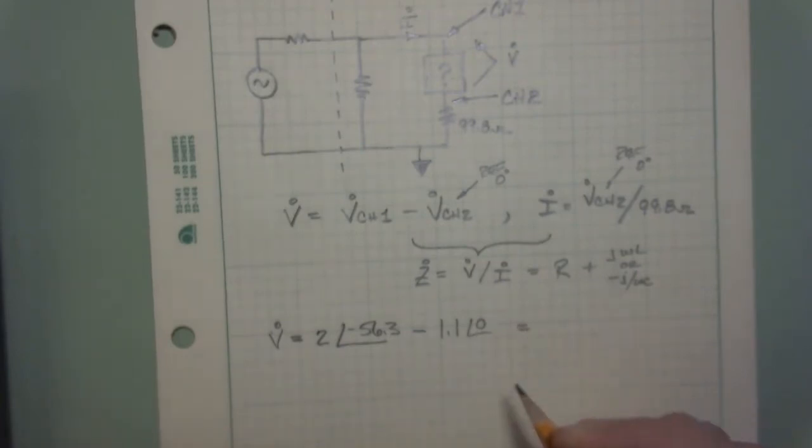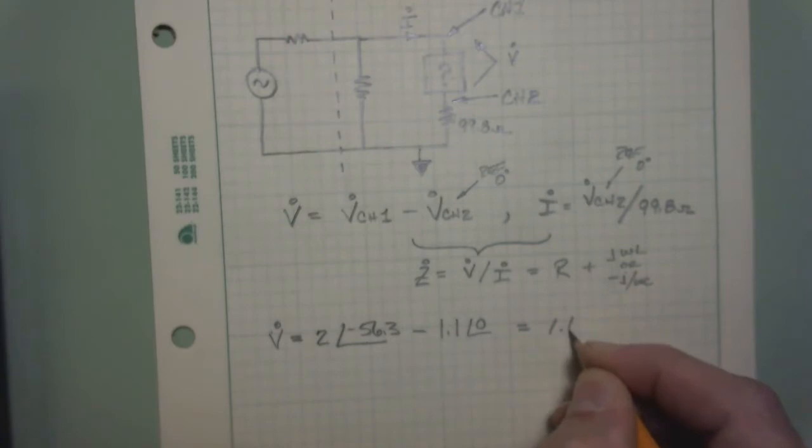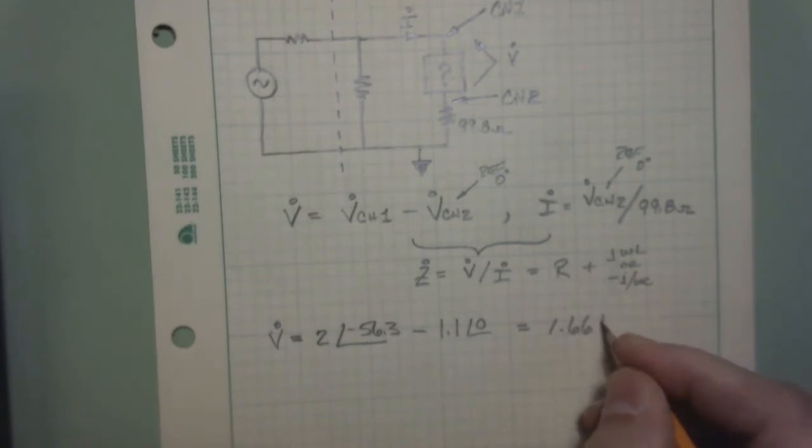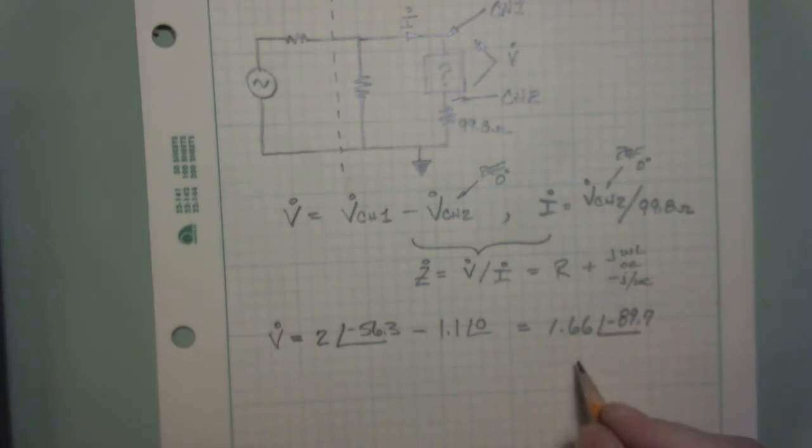So that turns out to be equal to, how did I get 1.66 at minus 89.7. Okay, let me double check that.